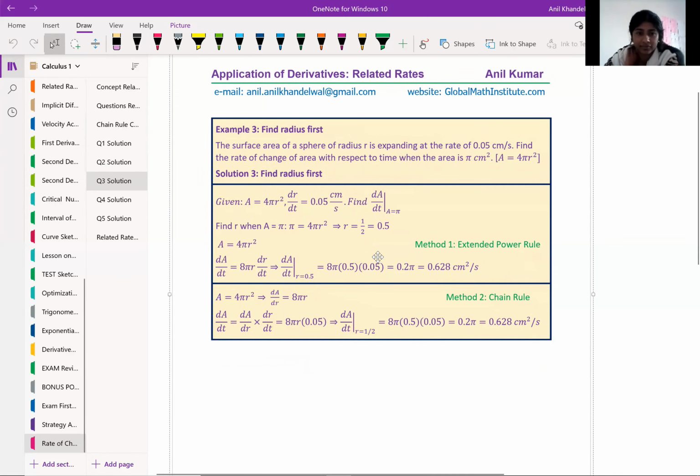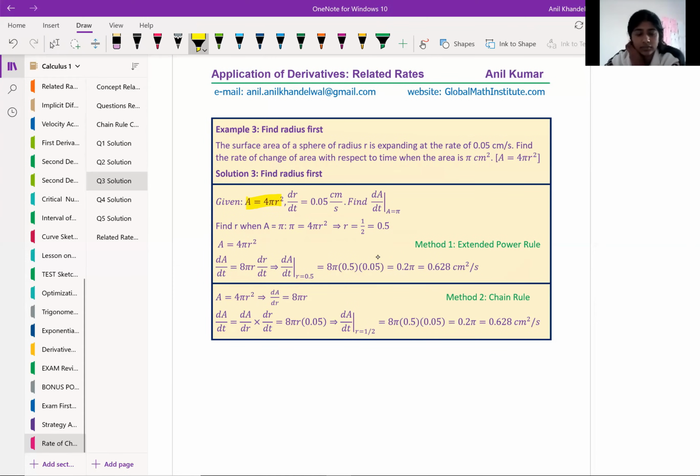Example number 3. The surface area of a sphere of radius r is expanding at the rate of 0.05 centimeter per second. Find the rate of change of area with respect to time when the area is pi centimeter square. Area formula is 4 pi r square. Now, you're given the formula.